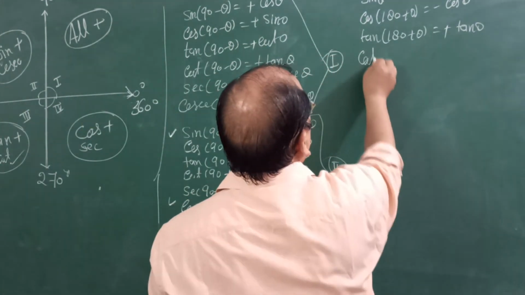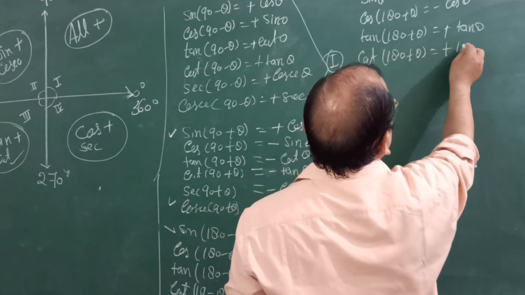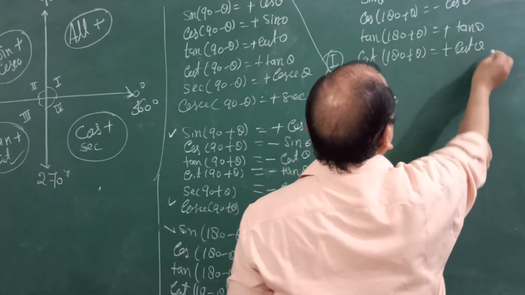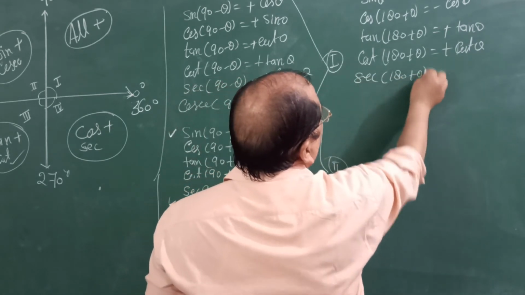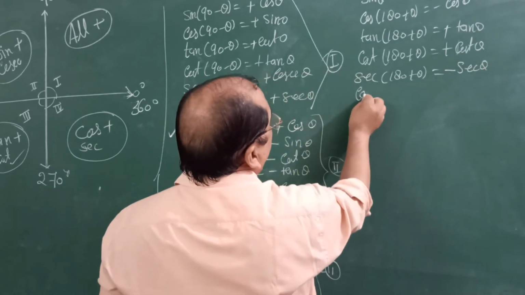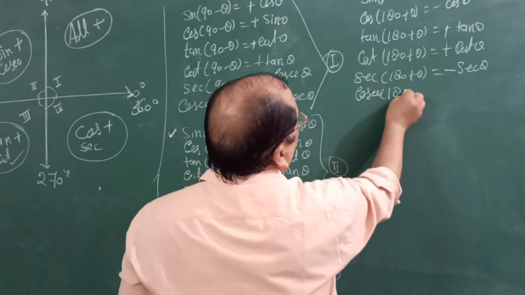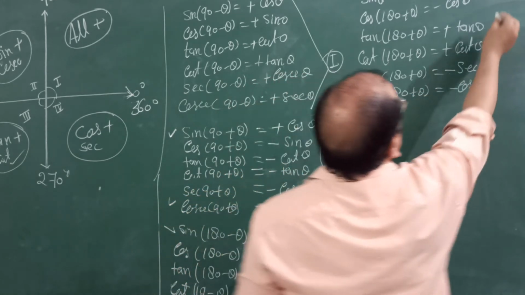So cot 180 plus theta is plus cot theta. Sec 180 plus theta means minus sec theta will come, and cosec 180 plus theta means minus cosec theta will come.